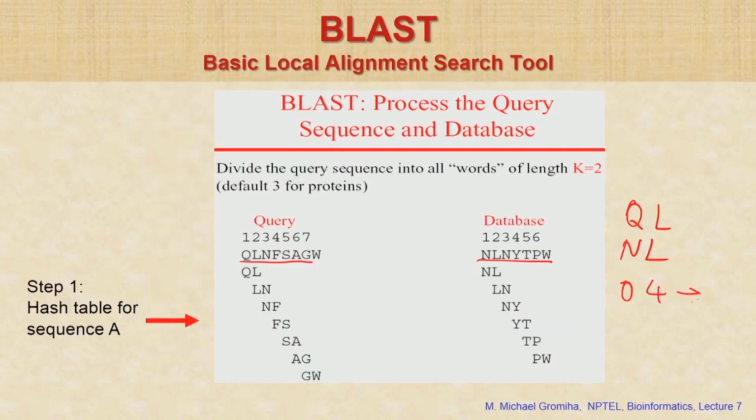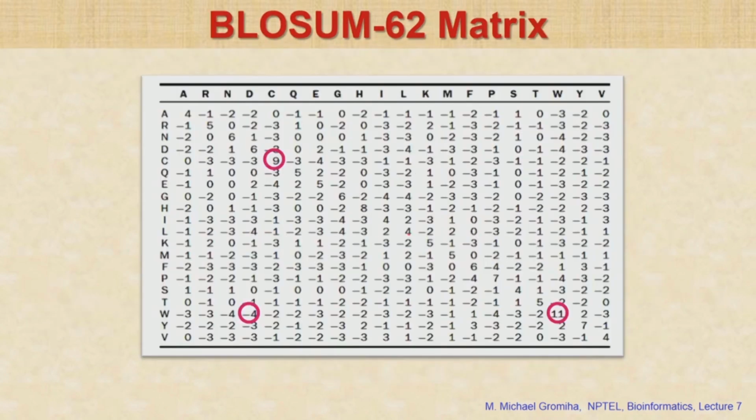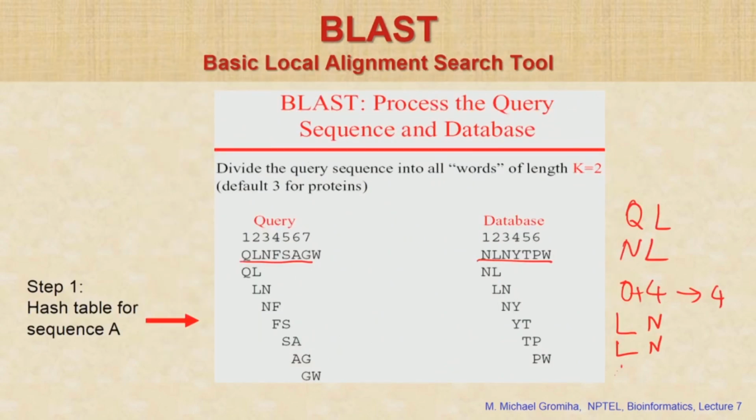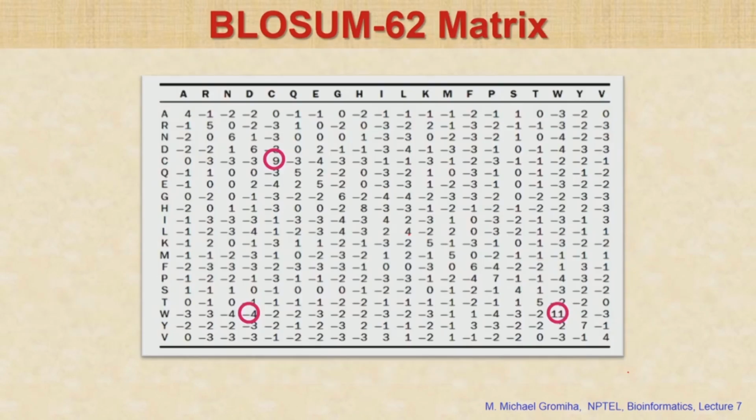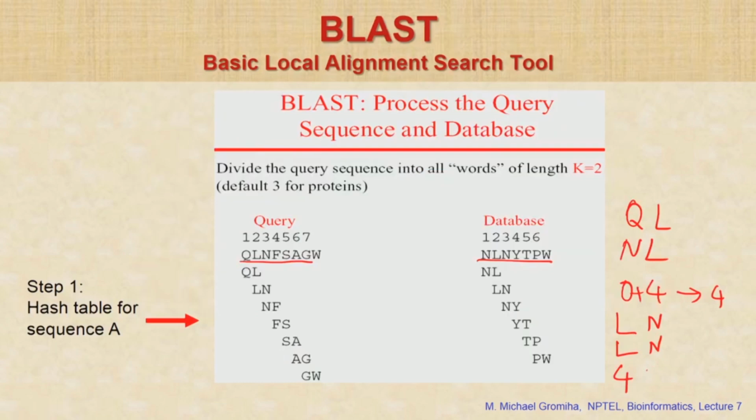So, total will be 4. If you use LN and LN, the second one, what is the score for LL? LL is 4, right. How about NN? 6, that is equal to 10.